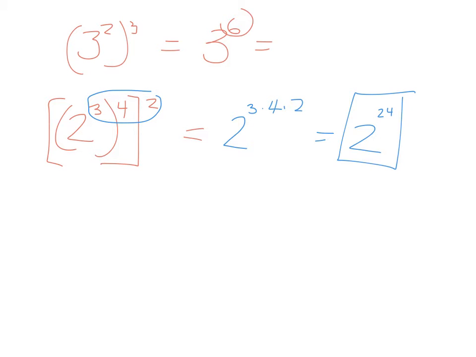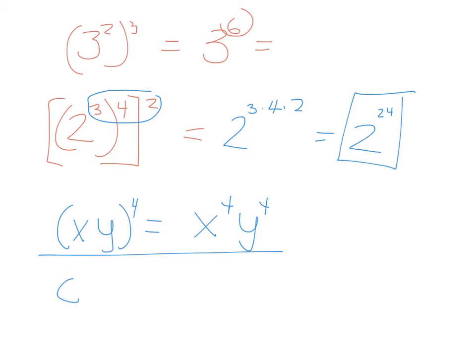Now, when there is more than one thing in parentheses, like say xy to the 4th power, this means that everything in the parentheses is going up to the 4th power. So that's going to equal x to the 4th, y to the 4th.